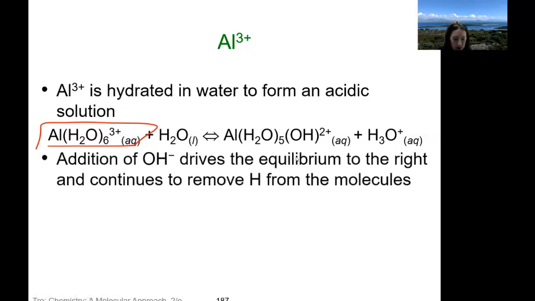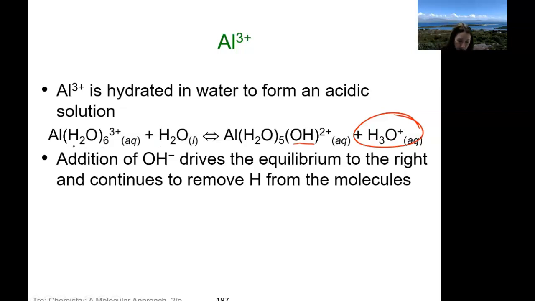All right, so when it loses a water, so you can see here, it becomes acidic. And if we add hydroxide to this, if we add a base to this, it's going to drive this equilibrium to the right, and it's going to continue to remove H's from the water.